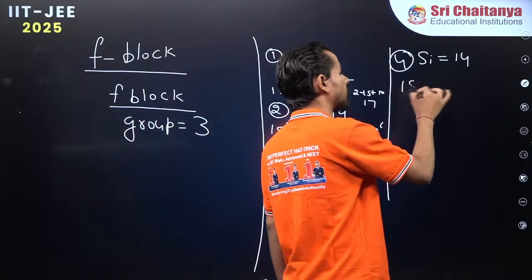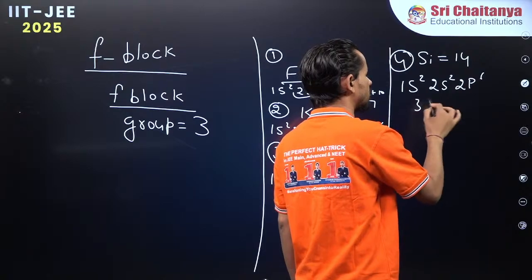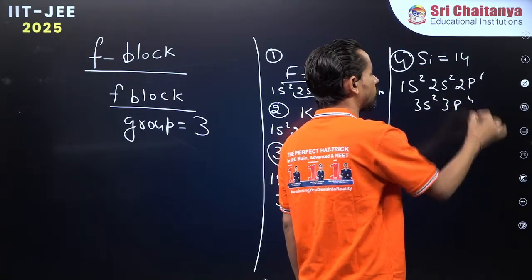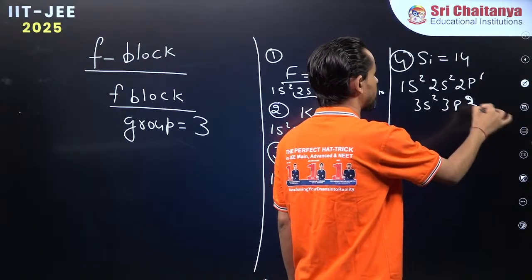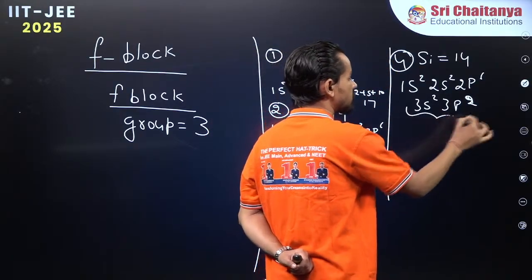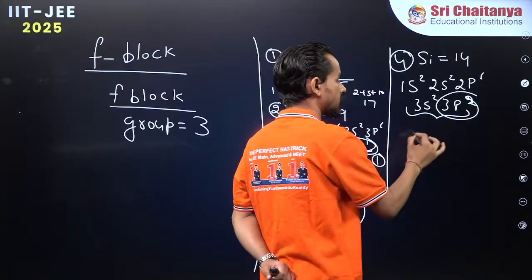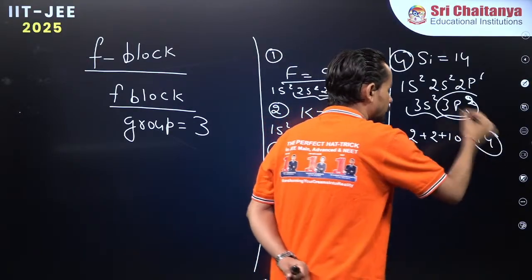Silicon 14: 1s2, 2s2, 2p6, 3s2, 3p2. Since it is p block, s plus p plus 10 is equal to 14 group.